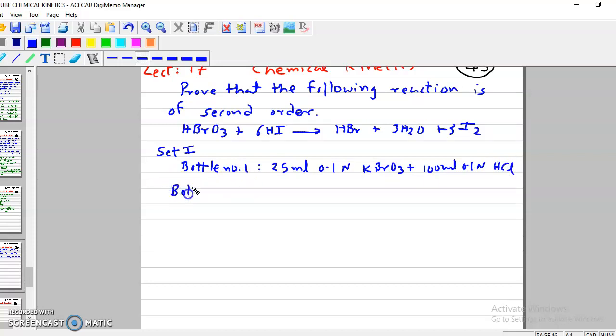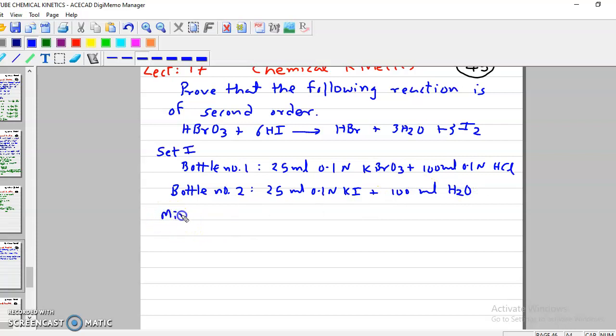Bottle number 2: take 25 ml of 0.1 normal KI and 100 ml H2O.